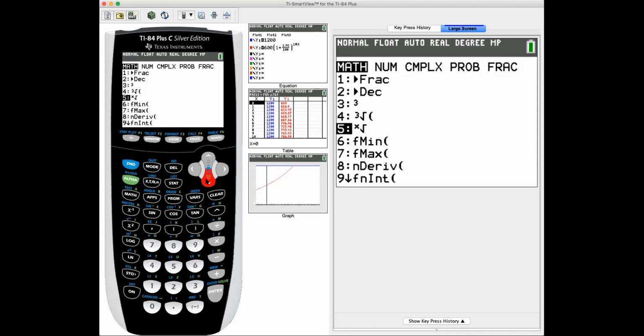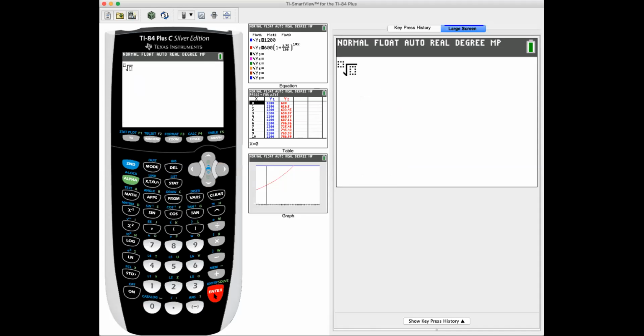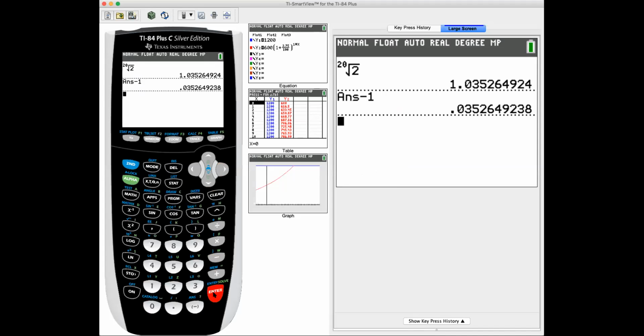Now, if you have an older calculator, it won't allow you to do it this way. So you actually would have to do 20, then math, then 5. That way you're able to do the 20th root of 2. That's how we get this decimal. Then we had to subtract 1 and then multiply that by 100. And that's how we were able to get 3.53. Okay.